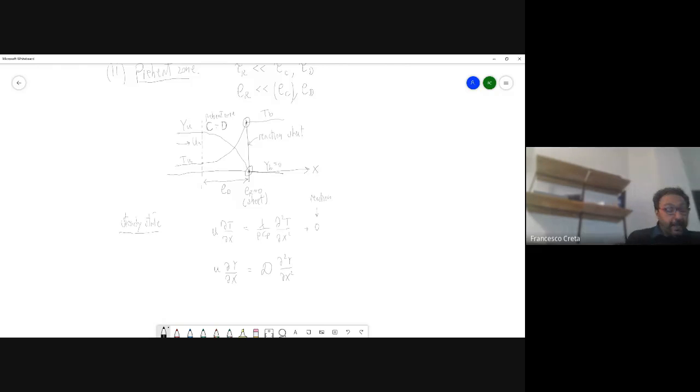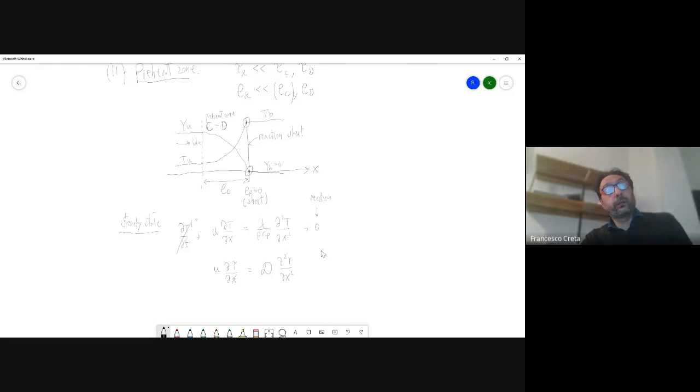Now, if we look at these terms, I hope you remember, if you look at the very early stages of the reactive flow, the third part of the course, we derived these equations, okay? So go back and look at them. There is going to be clearly a rate of change here, a time derivative, d/dt, but clearly we have set this to 0 because we're at steady state, okay?